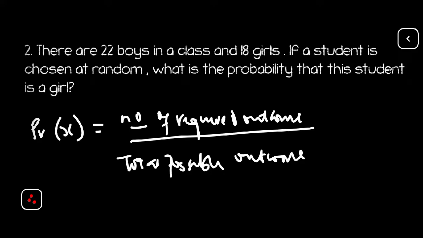The question shows that there are 22 boys in a class and 18 girls. For us to find the probability of choosing a girl from the class, the total possible outcome is the total population, which is 22 plus 18.